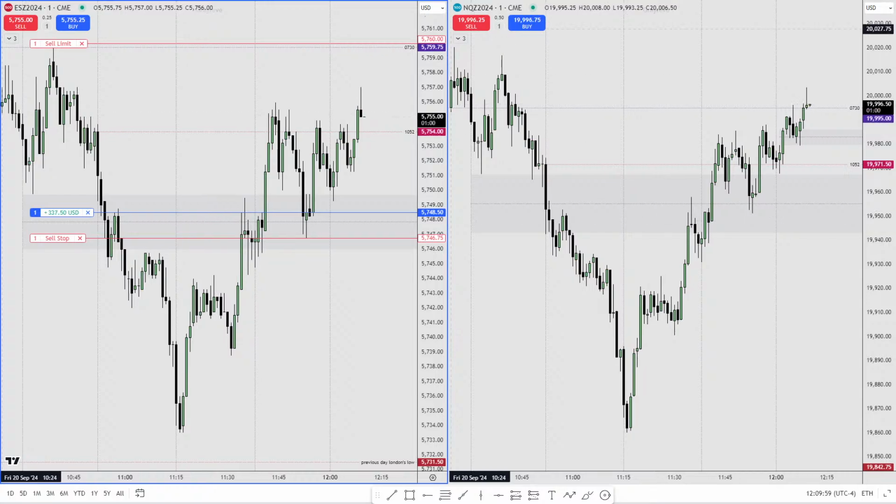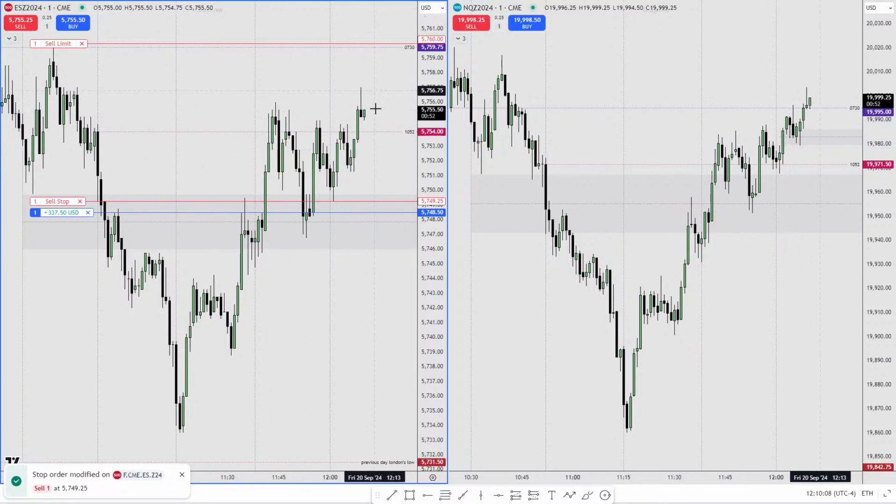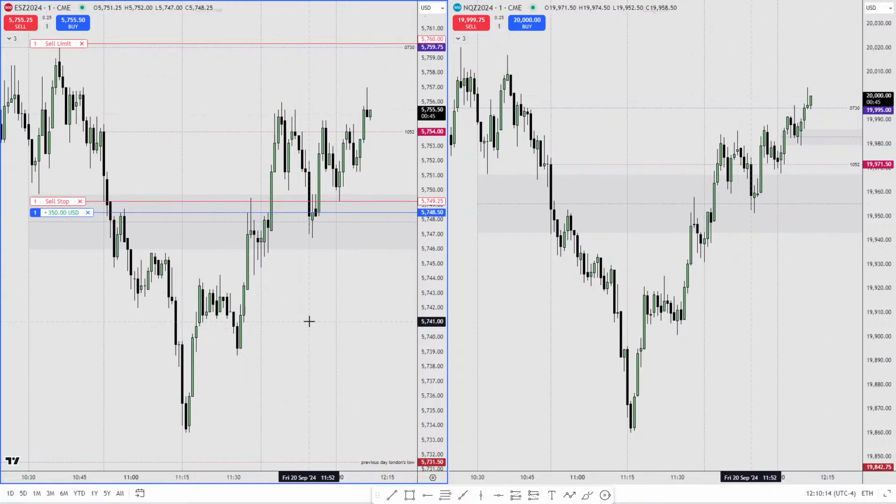I'll shift my stops to break even now. If it doesn't run from here, then I'm most probably going to be wrong, and it's probably going to come to my stops anyways. So yeah, let's go.